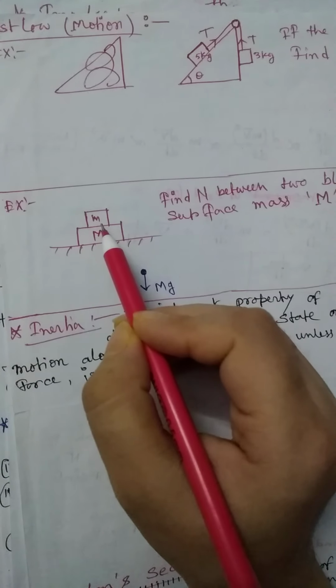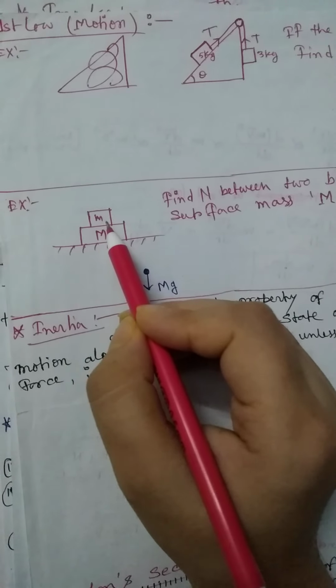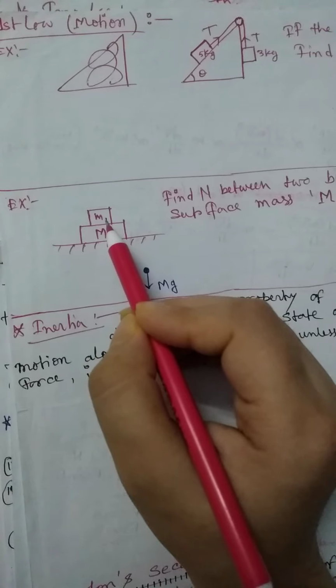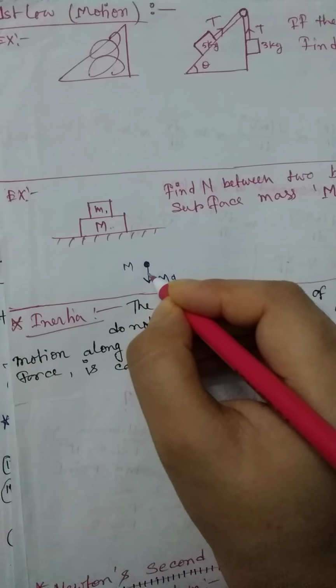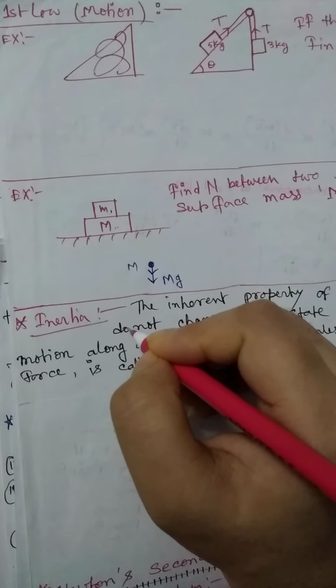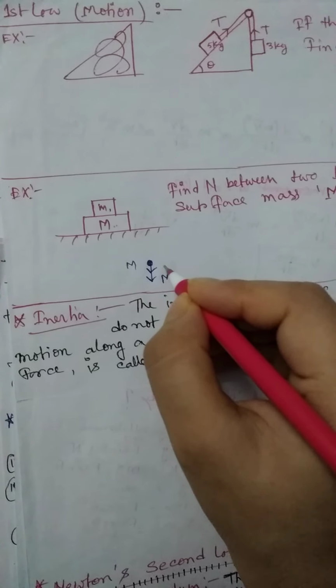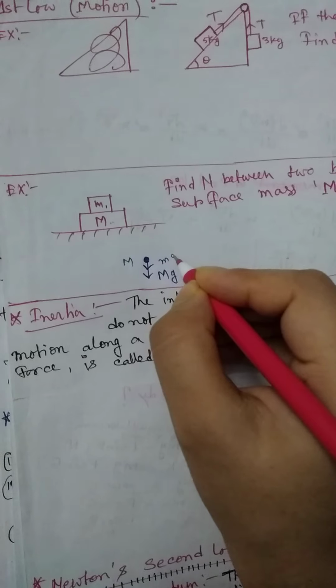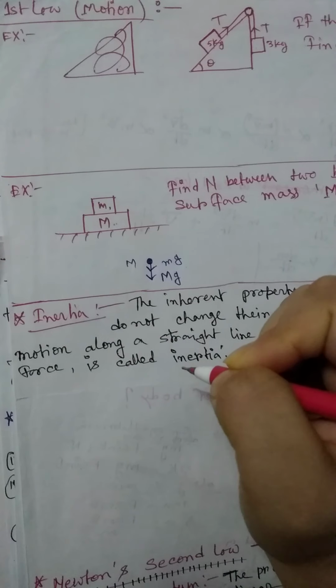This body also experiences the weight of this small m body along this side, which is small m into g.